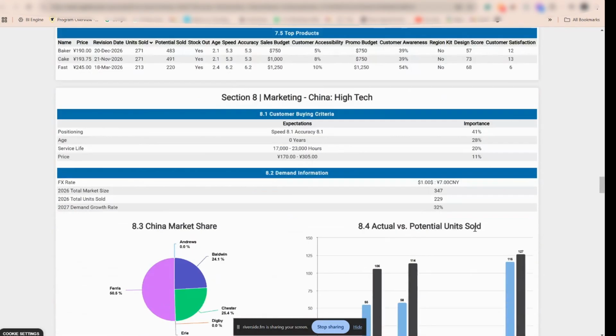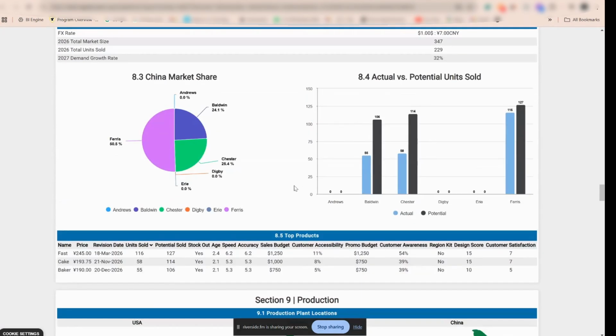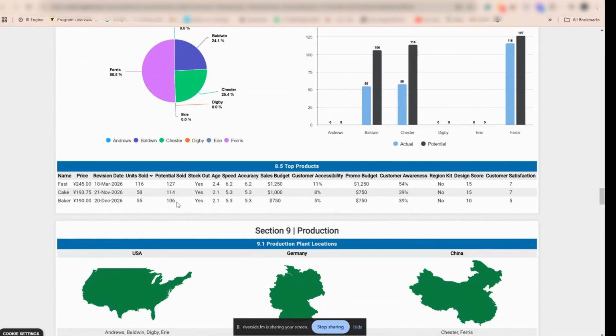Then we'll go to the high tech market. This is 347. You split that by three, by six, we get about 60, right? So for the high tech market for China, it should be 260, split six ways, 260 each.